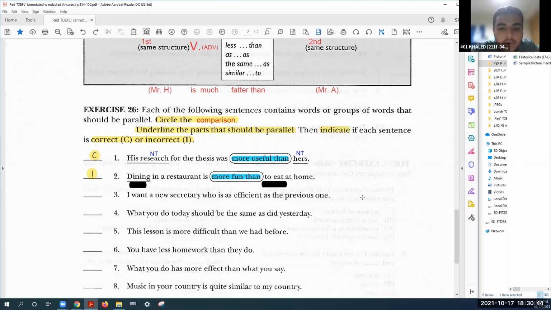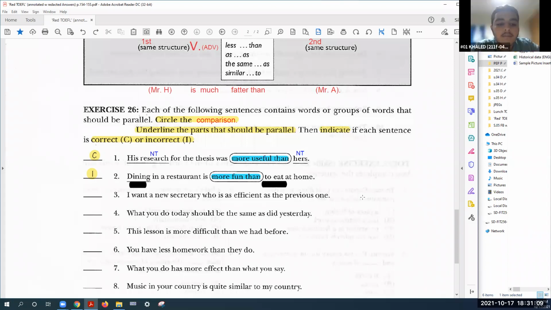It's a possessive pronoun. Exactly. Oh, wow! You remember? Possessive pronoun. What does it refer to? Her research. Correct. So we're comparing two things, right? And it is parallel. We have the balance, right?